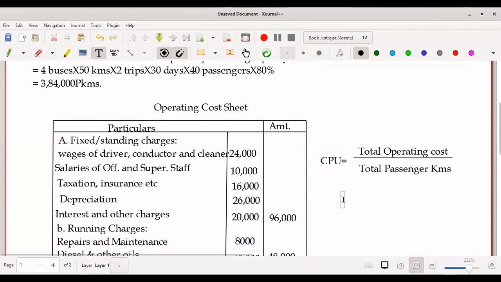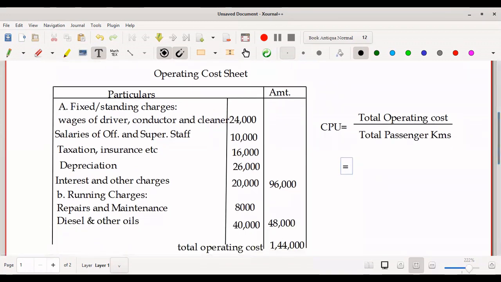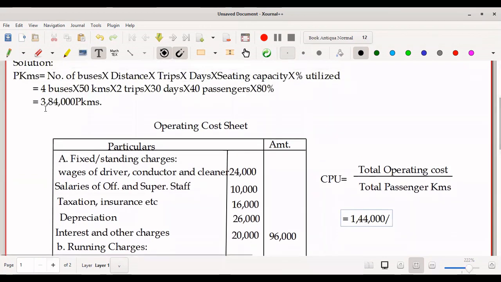So we have calculated both the amounts now. The total operating cost was 1,44,000 divided by total passenger kilometer. Here we had calculated it is 3,84,000.